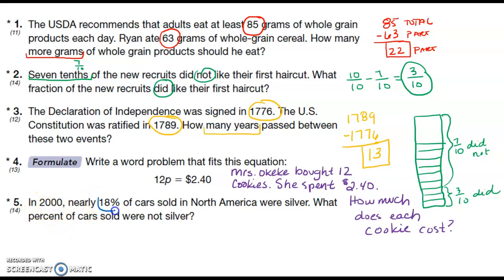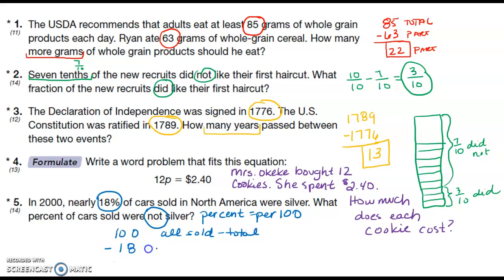In 2000, nearly 18% of cars sold in North America were silver. What percent were not silver? So we know that percent is per 100. So if I take 100%, all of the cars sold, this is my total, and I subtract 18%, which were silver, this is part, I get 82.